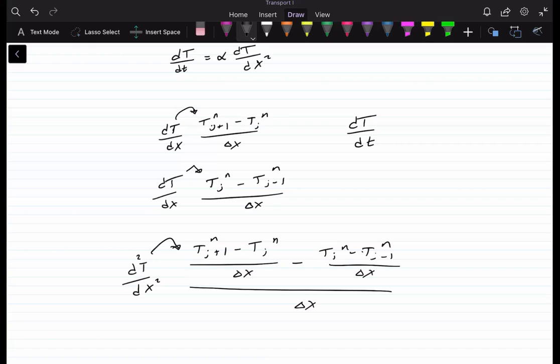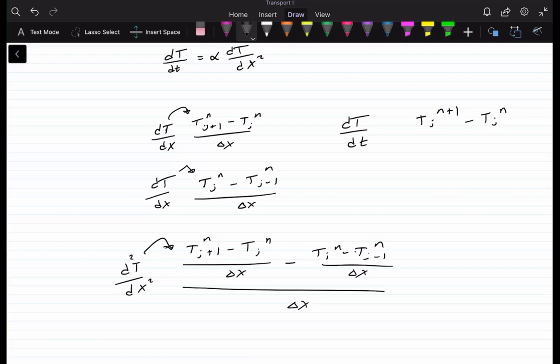And this is going to be, at any position, n plus 1 being the time after, so a time in the future, minus the temperature at any specific time. So this is going to be the temperature plus delta T, so at a later time. And then we're going to divide by delta T, so that's our finite difference, an approximation for that derivative.